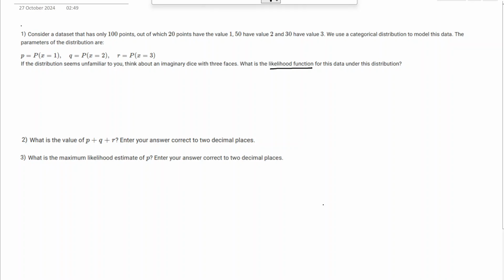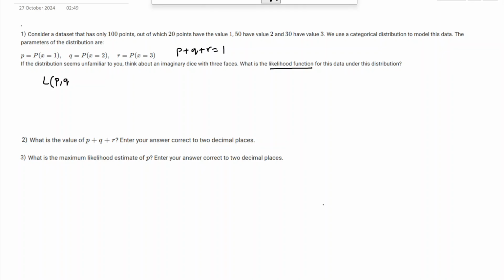So what does the likelihood function essentially mean? The likelihood function is a function of the parameters. In this case, it's a function of p, q, and r. But we will write it just as a function of p and q. Why is that the case? The reason being, since x can take only three values, p plus q plus r would be equal to 1. Now, since p plus q plus r equals 1, only two of them are independent.